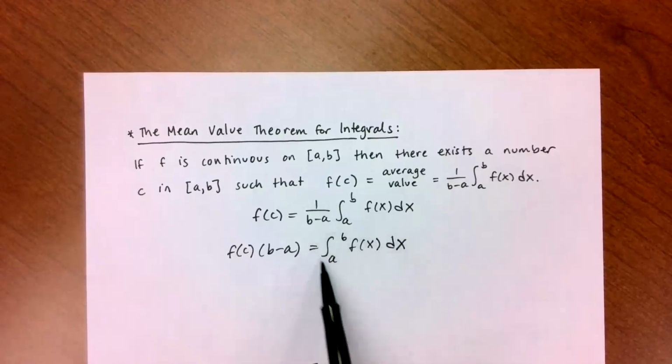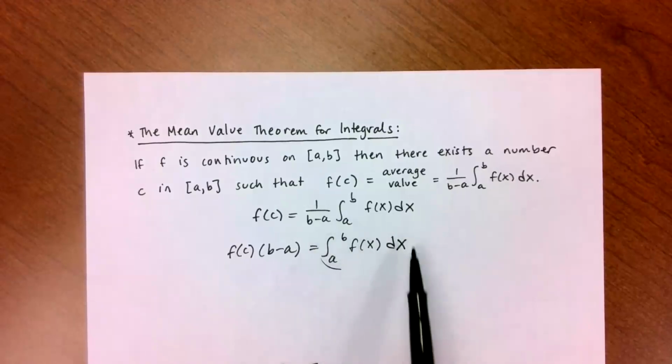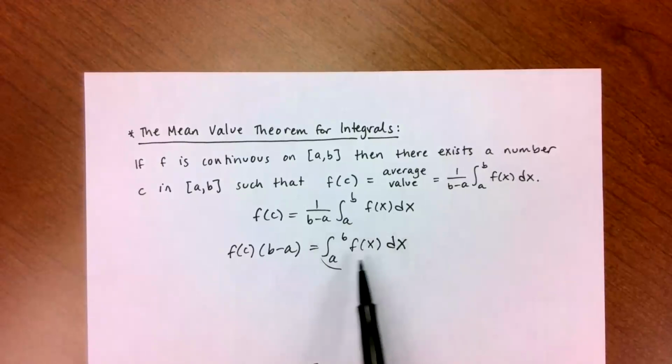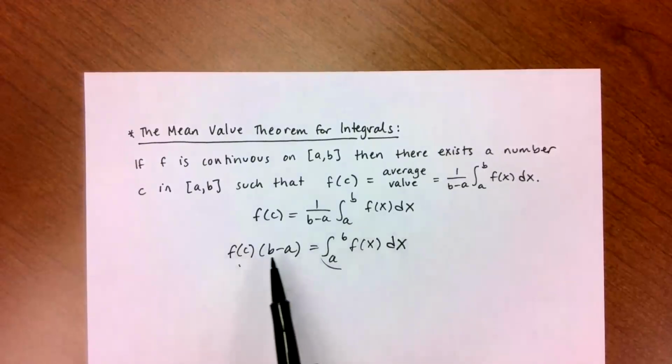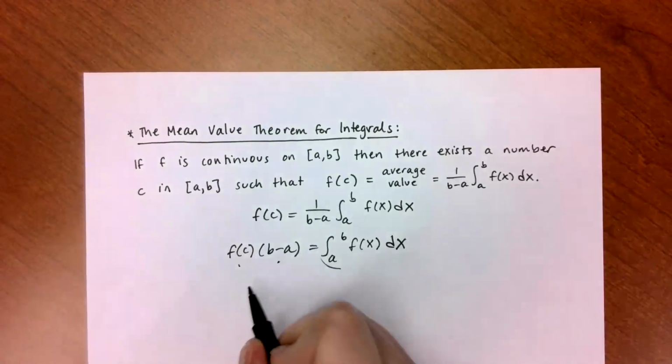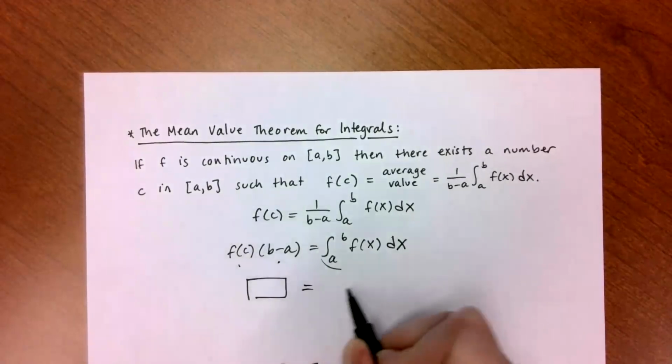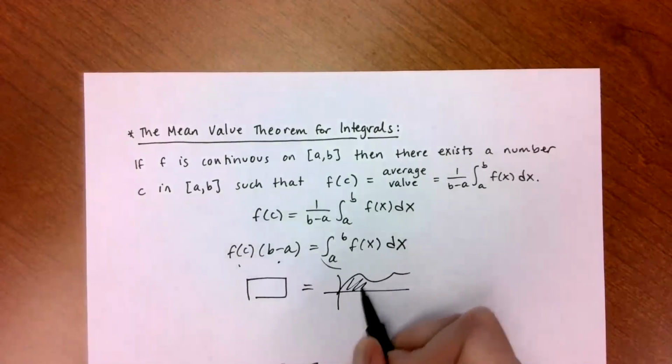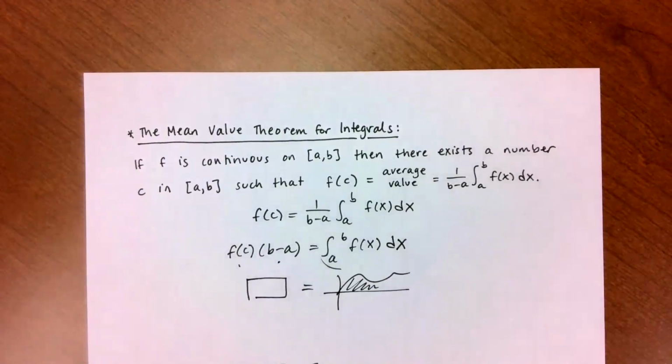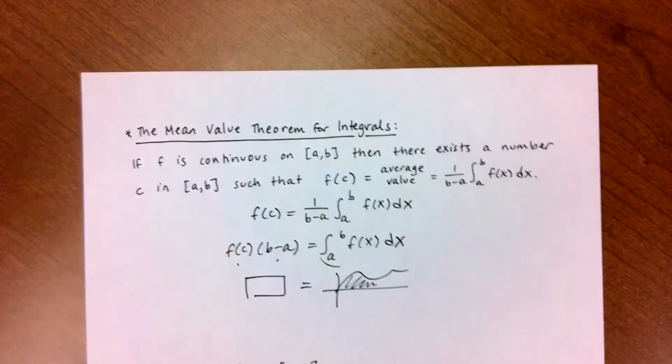This right-hand side is now the exact area between the curve and the x-axis, is equal to, this is height and width of a rectangle. So rectangle area equals whatever the curve's area is, which is an interesting thought. And I'll show you what this actually gives us in the next example.